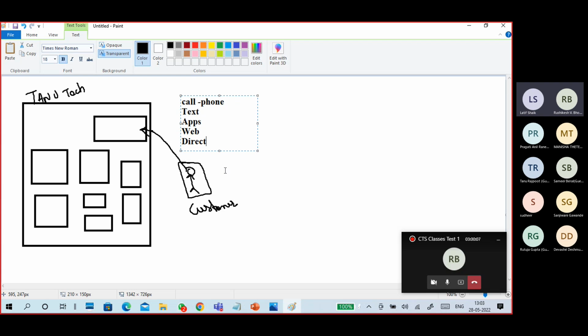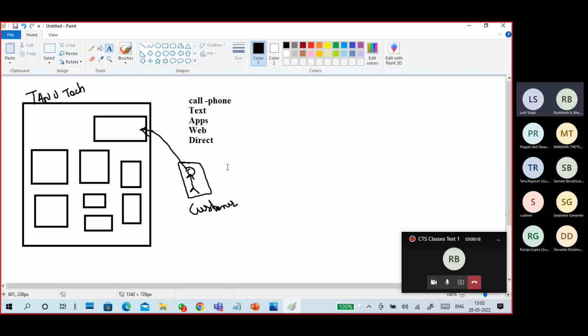This is always a common example. See, I am the user. These are the ways I can approach the organization where I require information. So how many ways can we try it?